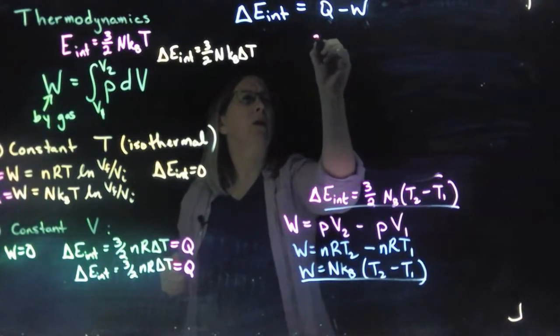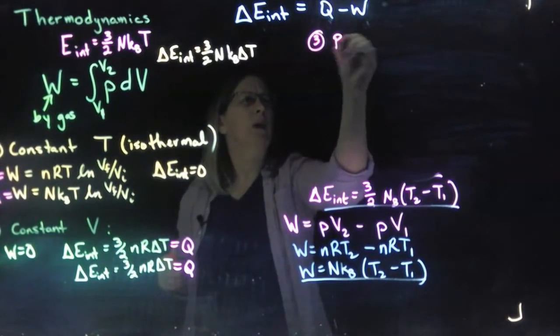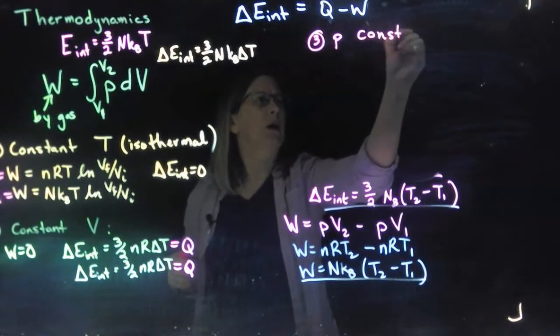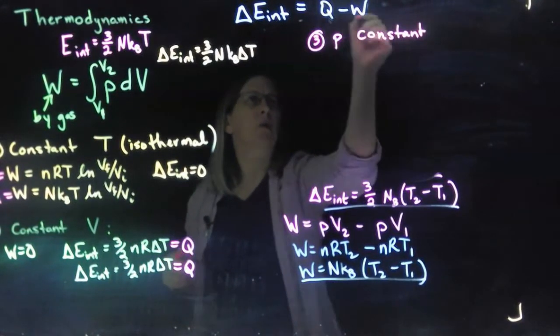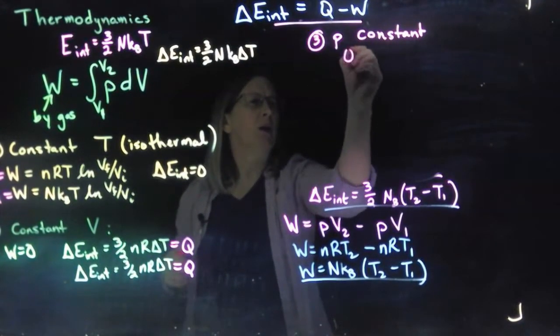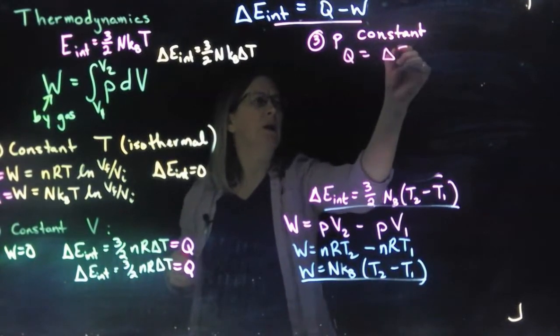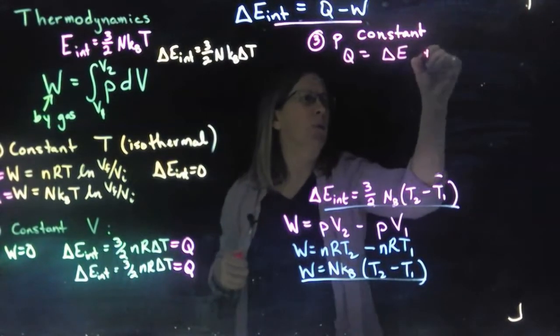Okay, putting this all into this equation for P constant, I'm going to rewrite this equation right here and say Q is equal to delta E, bringing the W over, plus work.